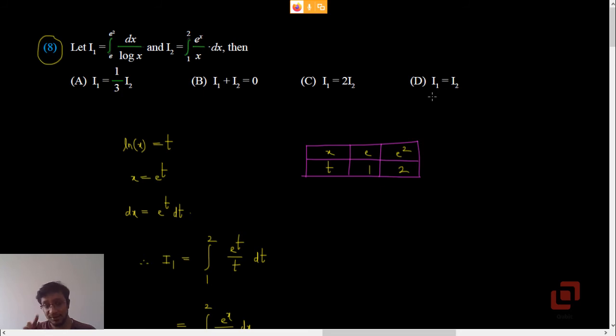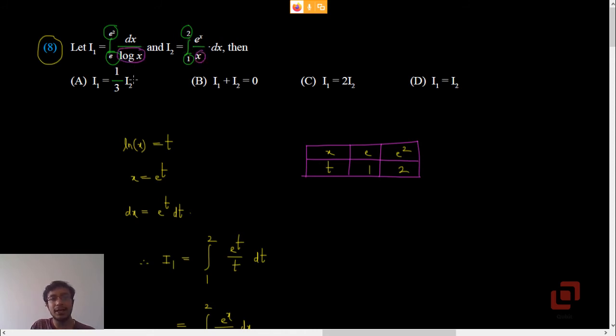See, in this problem you have to observe that the limits on I1 are e and e squared, and the corresponding limits on I2 are 1 and 2, and you also have 1 upon x here, and there you have 1 upon log x.